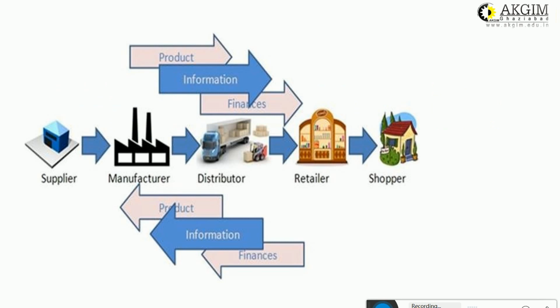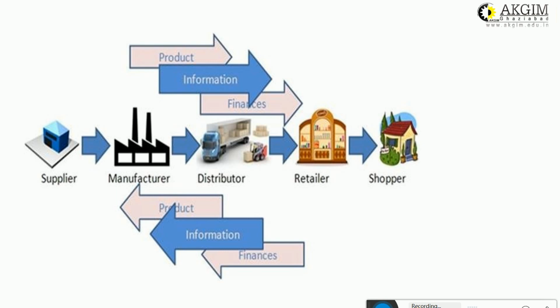Here on the screen you can see a flow diagram of a supply chain, how it is processed and how it flows. There are suppliers, manufacturers, distributors, and in between there are retailers, and finally the shoppers or the end users. In this figure you can see the flow of goods and services and also the flow of information from the producer to the consumer.